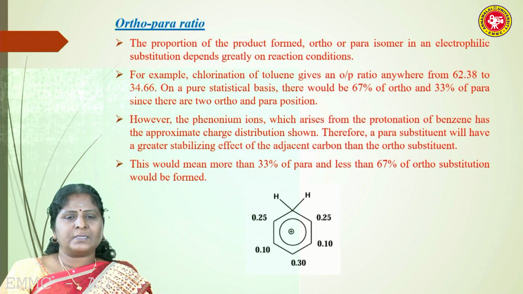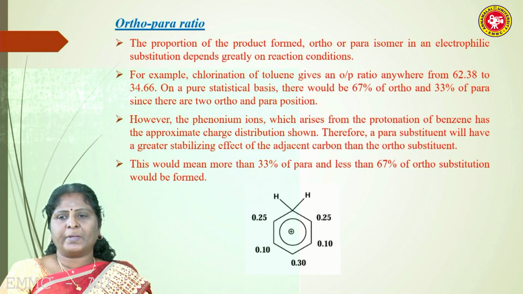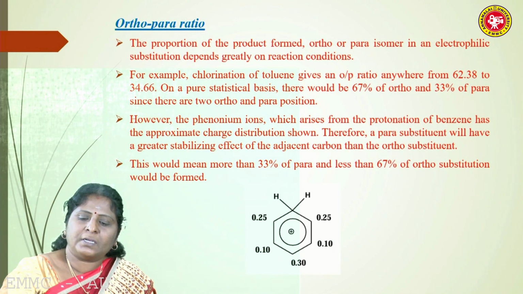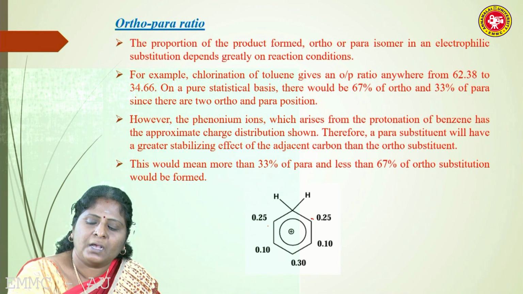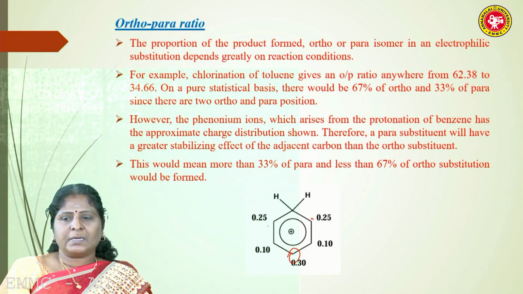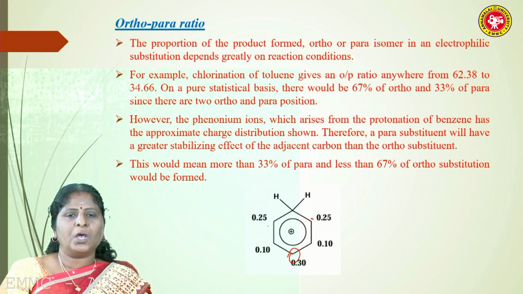On a pure statistical basis, there would be 67% of ortho and 33% of para, since there are 2 ortho and only one para position. This would mean more than 33% of para and less than 67% of ortho substitution would be formed.